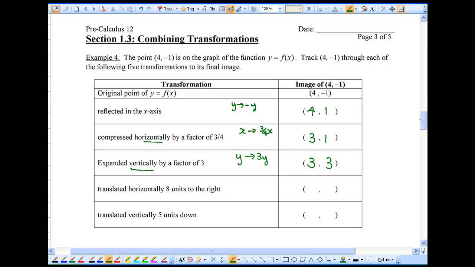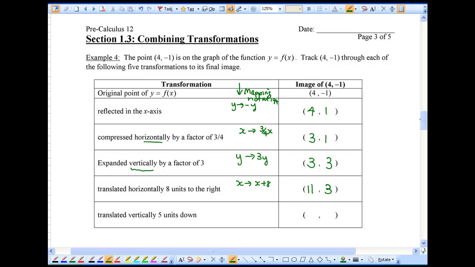Then I translate horizontally 8 units to the right. So my mapping notation means that I go x plus 8. By the way, this is mapping notation, okay? You don't need to write that down, but for those of you who like it, you can use it. For those of you who don't like it, don't use it. So 8 units to the right, 3 plus 8 is 11, so 11 comma 3.